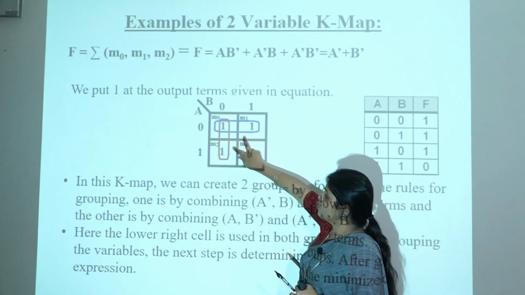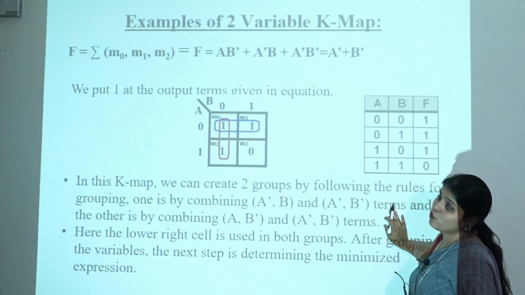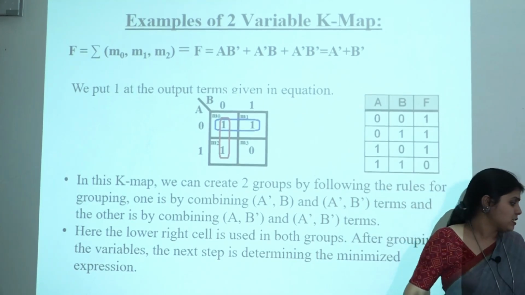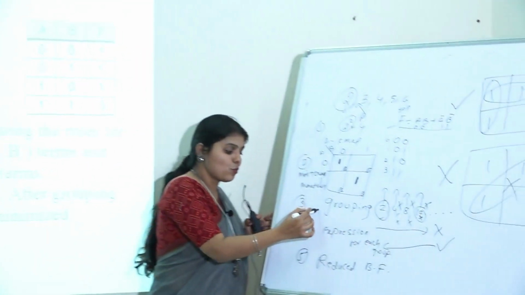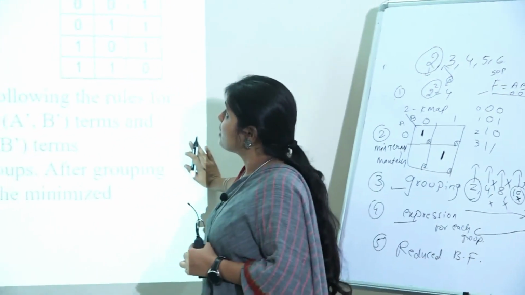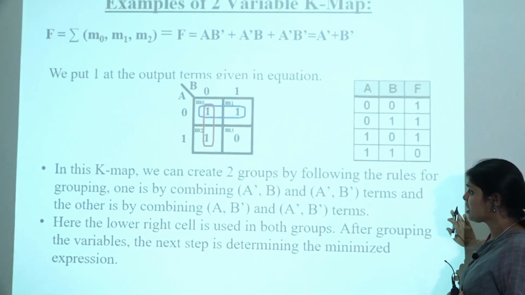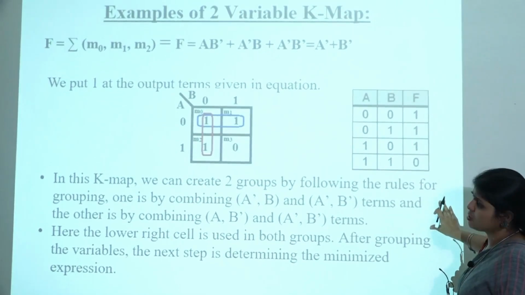So I have 2 groups which are formed. Now what do we do next? As I told you, after we are done with this grouping, we will generate the expression for the given groups. Here to generate the expression for the given group, we usually use some rules.